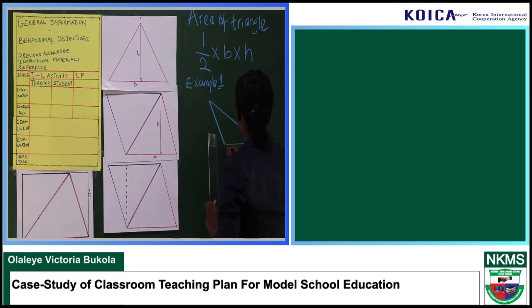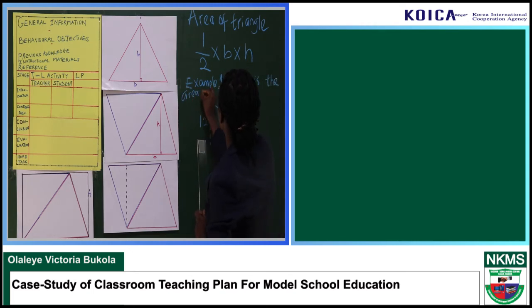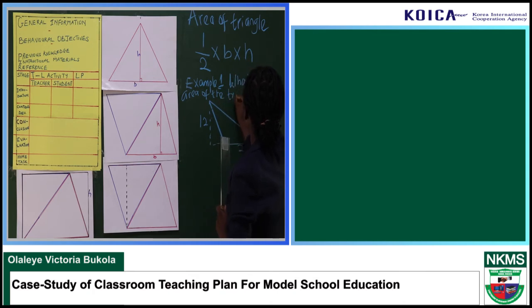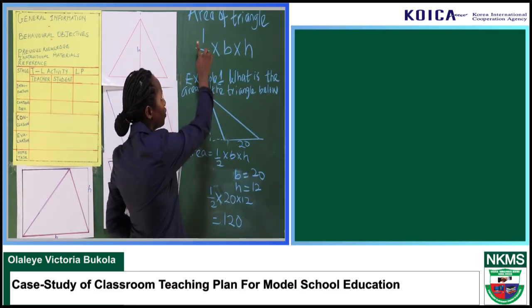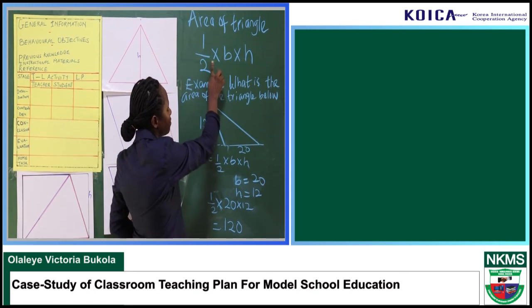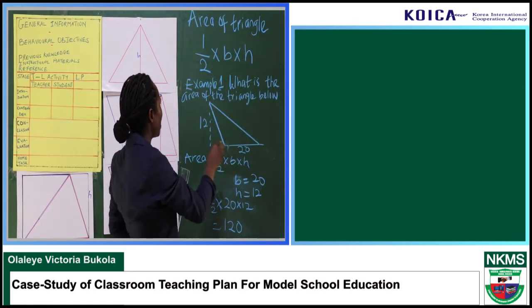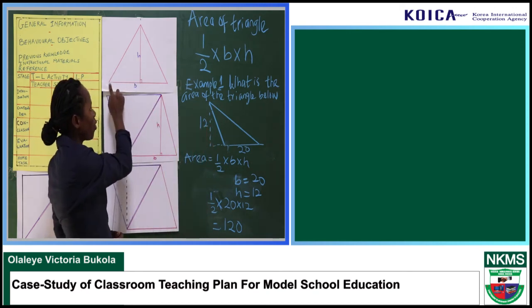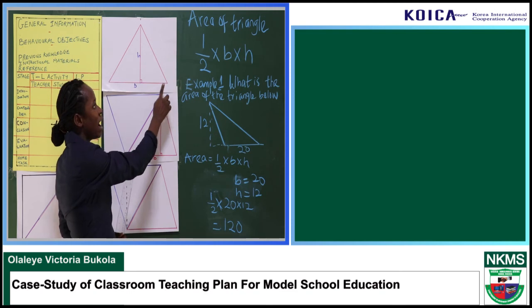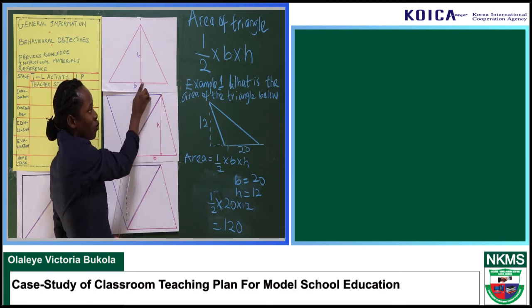Looking at a triangle here, and from here we'll have our area of triangle, half times base times height, where our base is the distance along the bottom line of a triangle, and our height is measured against the angle 90 degrees here.